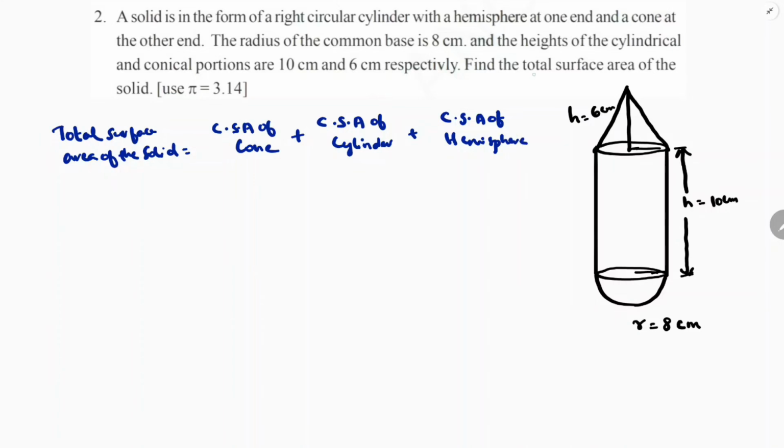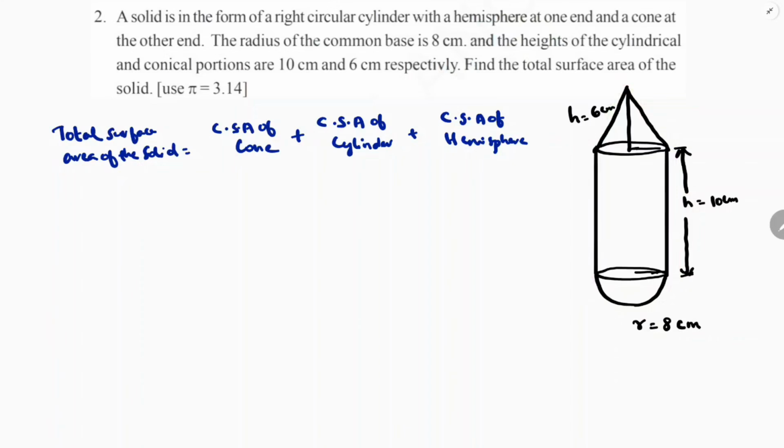Here the word total is given. It doesn't mean we need to find total surface area of all. See, the area which is visible. This is the solid, so only this curved surface area of cone is visible, curved surface area of cylinder, and curved surface area of hemisphere.